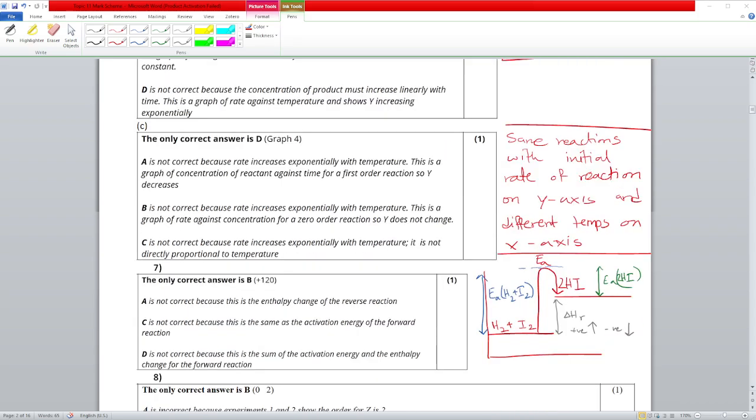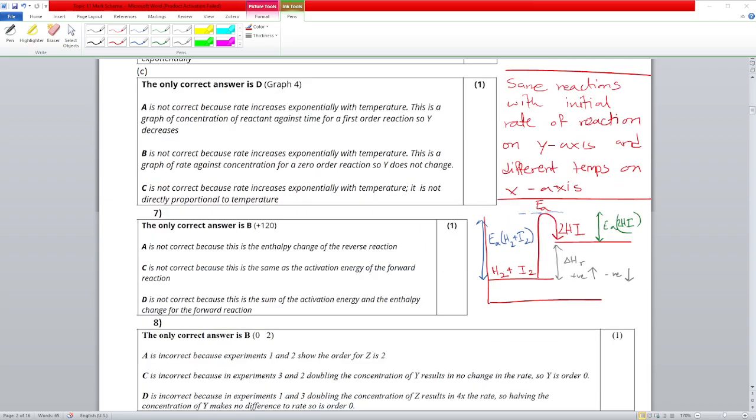So if you want to help visualize what that experiment would look like, I have some text here. Same reaction with initial rate of reaction on the y-axis, and you're trying out different temperatures on the x-axis, and that gives you a quadratic graph, a curve going upwards.